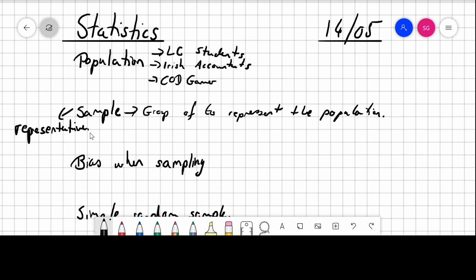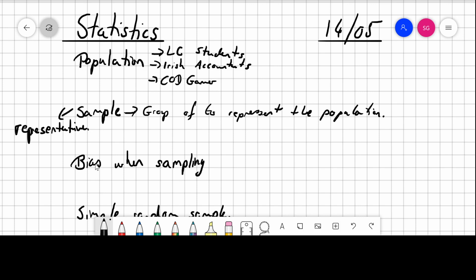And that brings us to what we call bias when sampling. So a sample is biased if we end up favoring one particular group. So imagine if I went and I asked all the people in Dublin how they were going to vote in the next election. Well, Dublin 4, a bit of an affluent area, a bit of a wealthy area, so you would expect that that population would vote more in line with their interests.